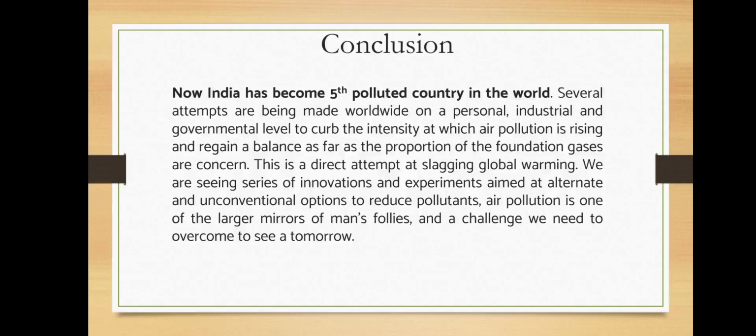This is a direct attempt at slashing global warming. We see a series of innovations and experiments aiming at alternative and unconventional options to reduce pollutants. Air pollution is one large mirror of man's follies and a challenge we need to overcome to see a better tomorrow.